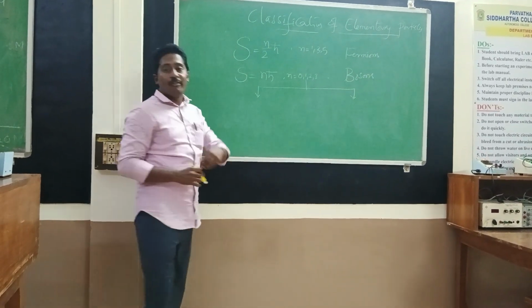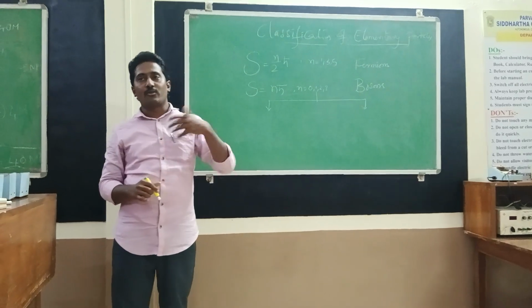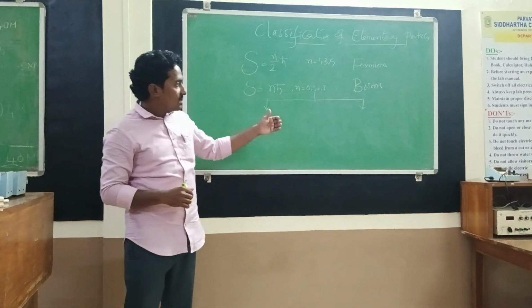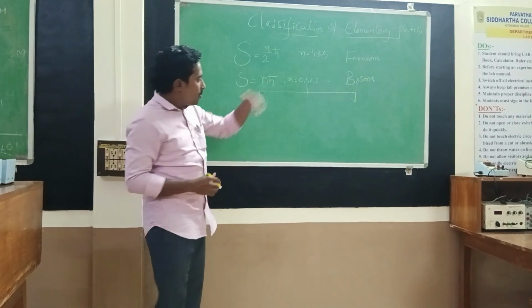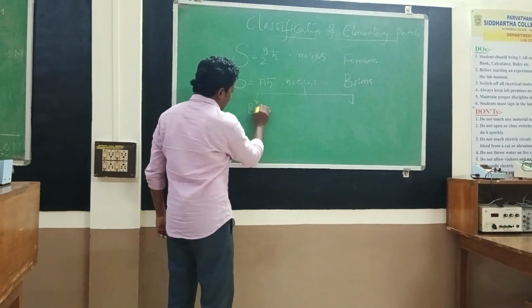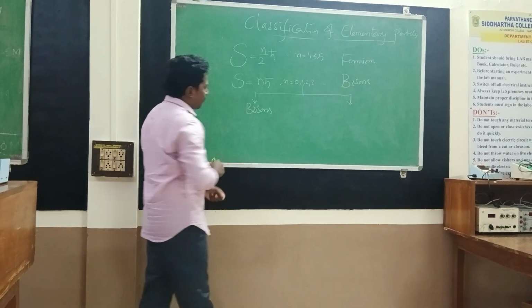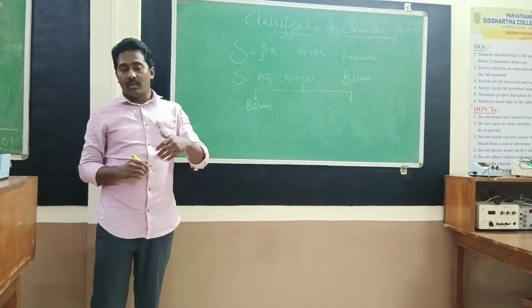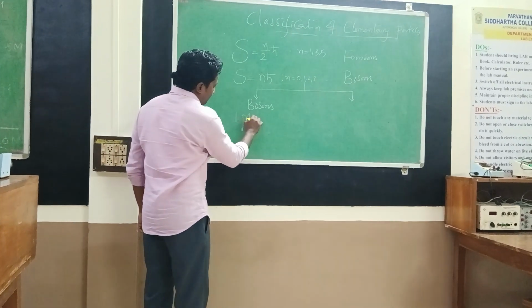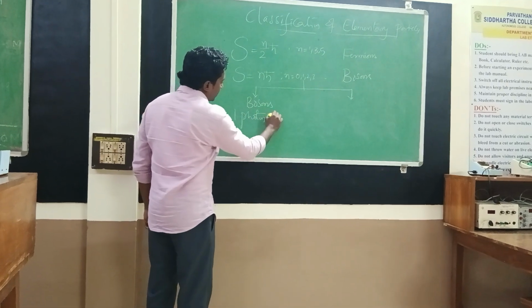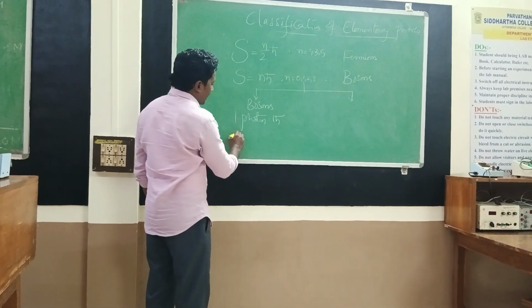The next question is: what are fermions and what are bosons? Let us take bosons first. In nature, number 1, the photon, which is a 1 h bar spin particle.